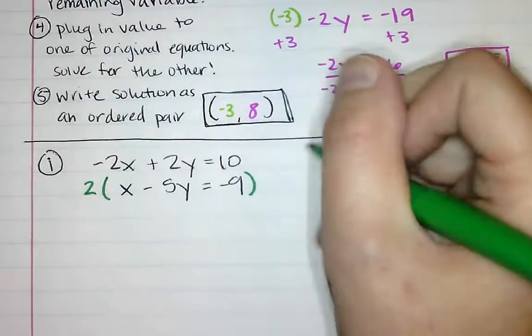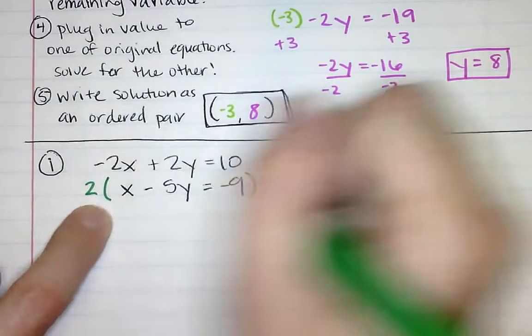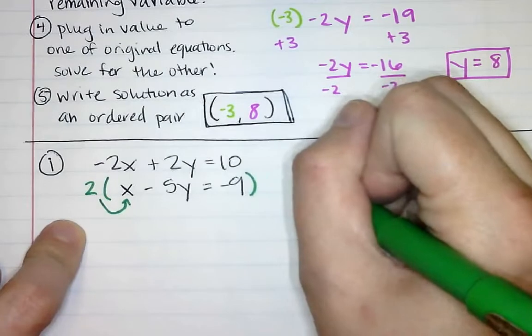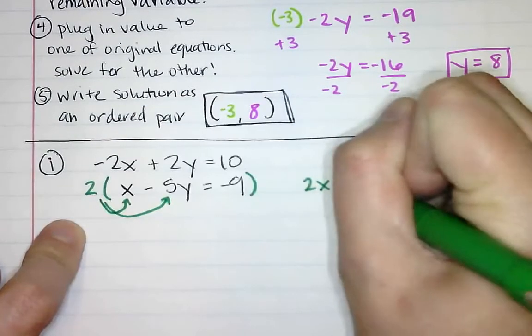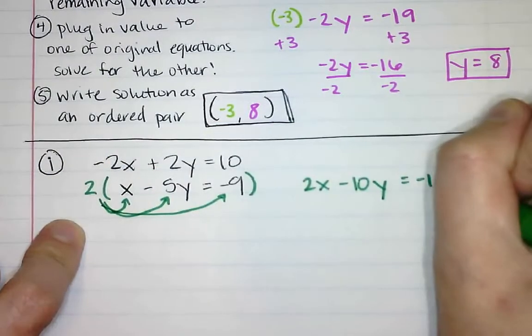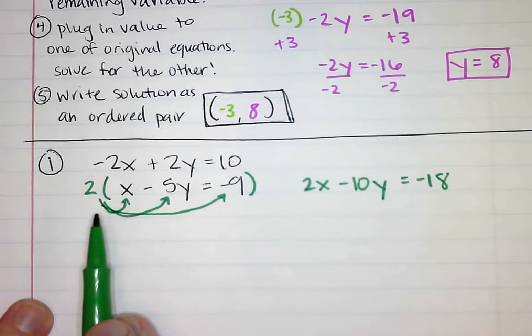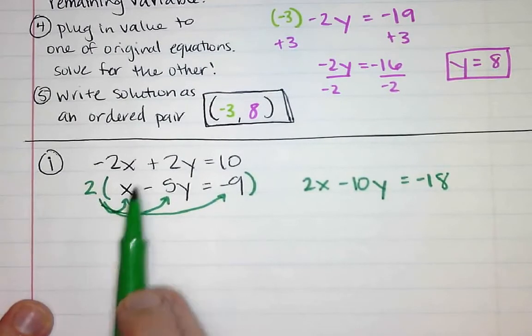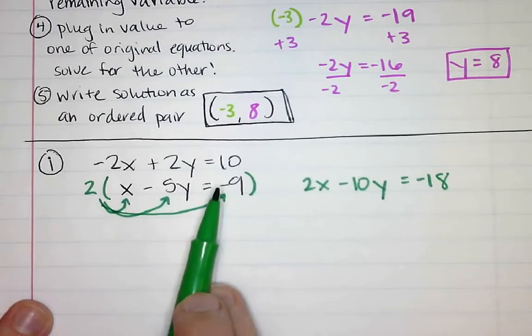So if we multiply this entire equation by 2, that makes my bottom equation now be 2x minus 10y equals negative 18. Do you guys feel good about that? And guys, I will tell you right now, the most common mistake I see with elimination is you will multiply 2 times x and 2 times negative 5, and you'll forget about that negative 9.